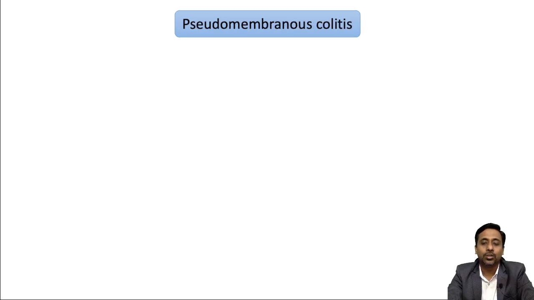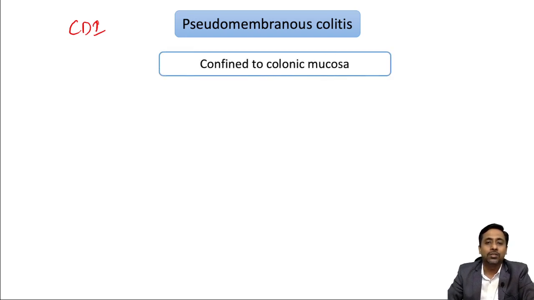What does it lead to? It leads to pseudomembranous colitis, which is the clinical entity of Clostridium difficile infection. Pseudomembranous colitis is confined to the colonic mucosa.